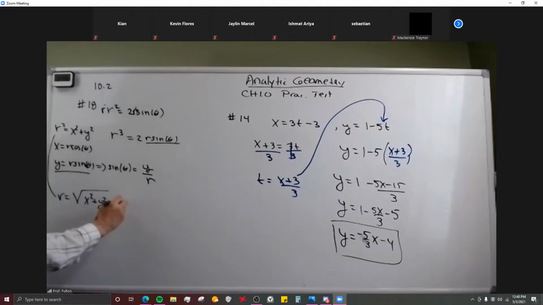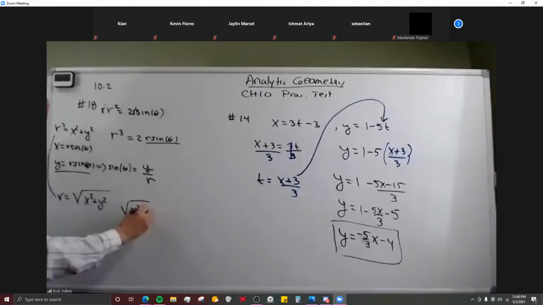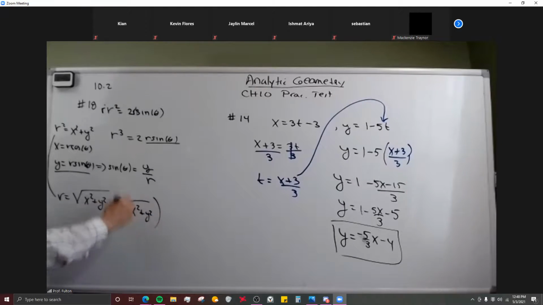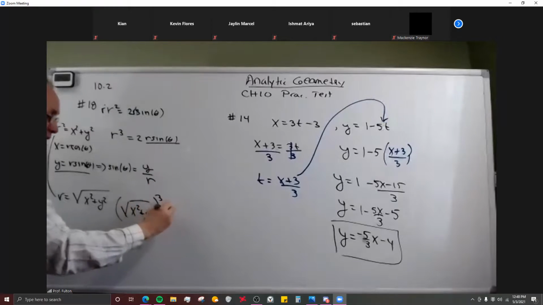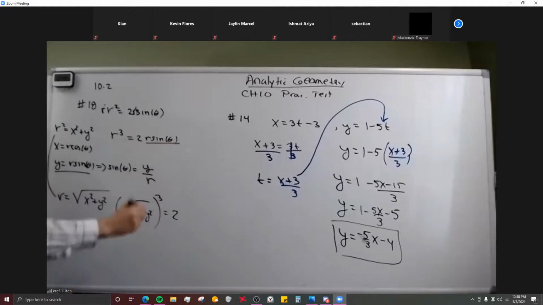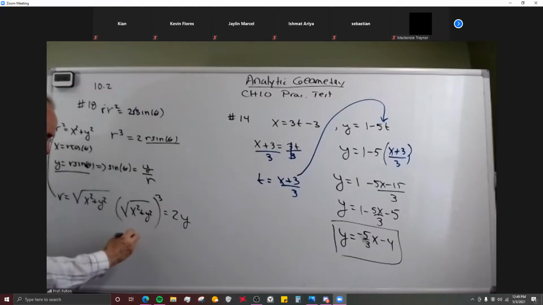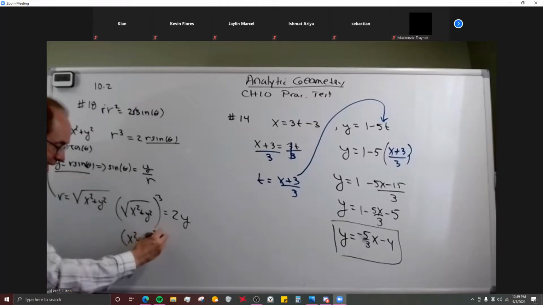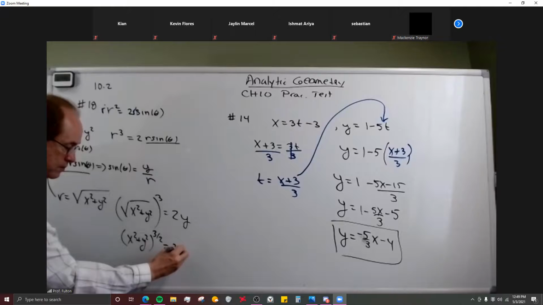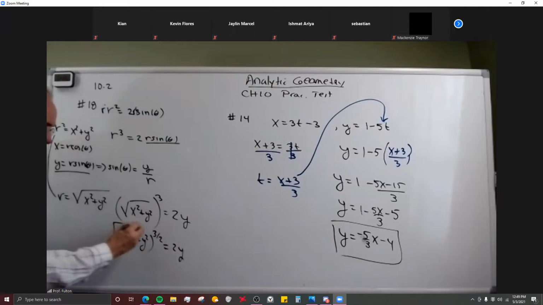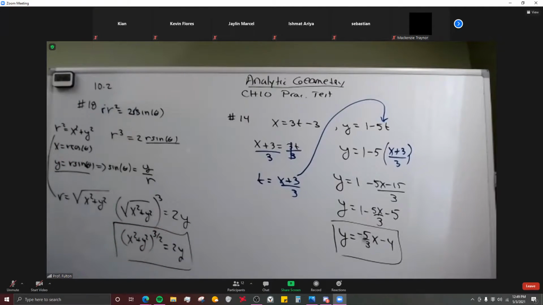So I'm going to get the square root of x squared plus y squared, quantity cubed, is equal to 2 times r sine theta, which is y. Now I could even write this, if I wanted to, as x squared plus y squared to the 3/2 power is equal to 2y. So it's a very complicated expression over here.